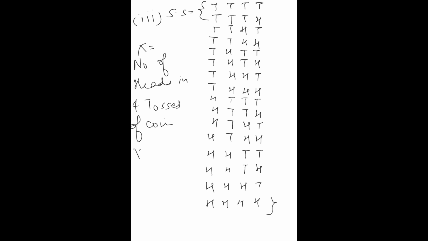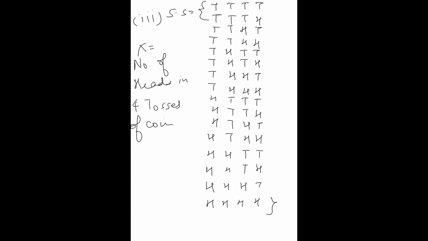So x can take up what all values? X can take up 0, 1, 2, 3, 4. 0 times it can be heads, 1 time heads, 2 times heads, 3 times heads, 4 times heads. P of x 0 times heads.